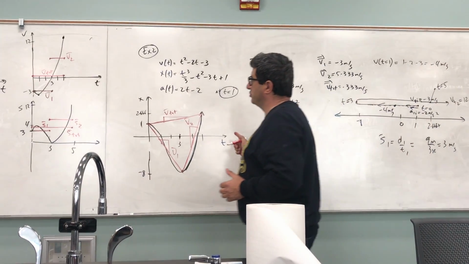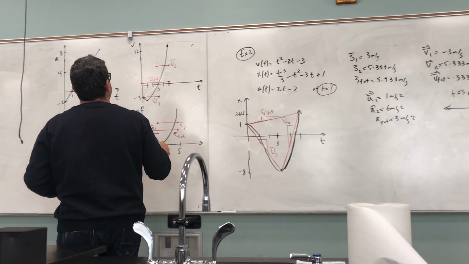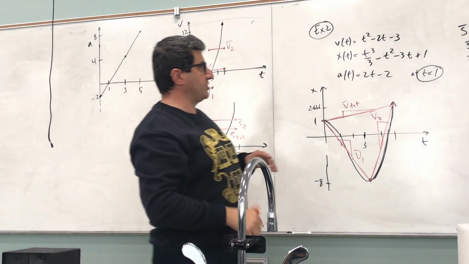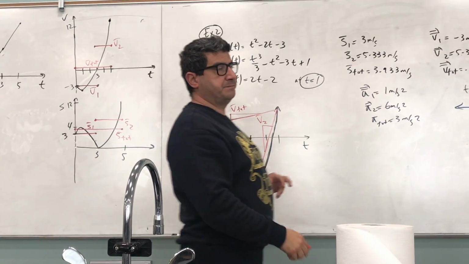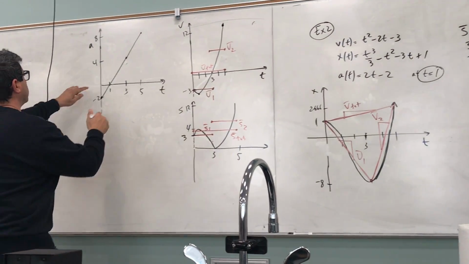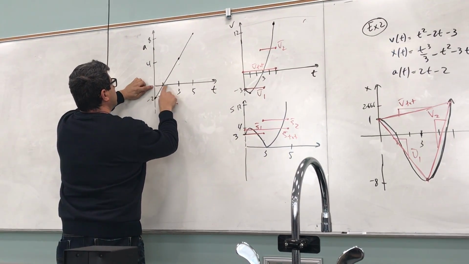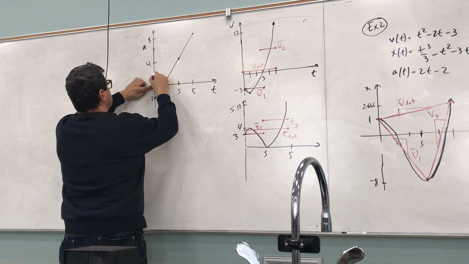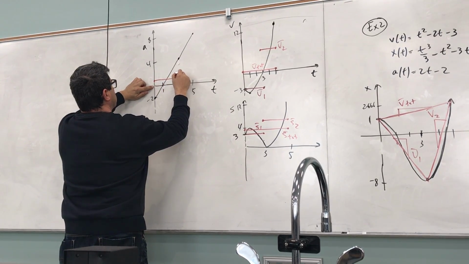Then the next thing to do is on the A graph, show the graphical meaning of the A average. So A average 1 is 1, so that it's from 0 to 3 is the first stage. So the A average 1 is just 1.